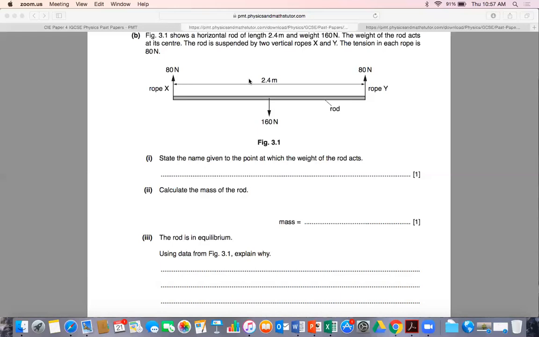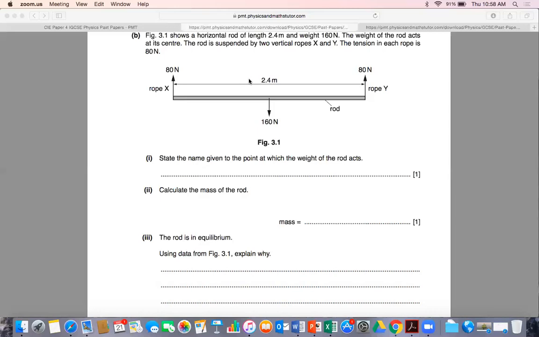So now 80 on X and 80 on Y is equal to 160 at the bottom. The first thing you want to say is that the upward force is 80 plus 80, which is 160. Downward force is also 160. So what is the resultant force? 0, correct.